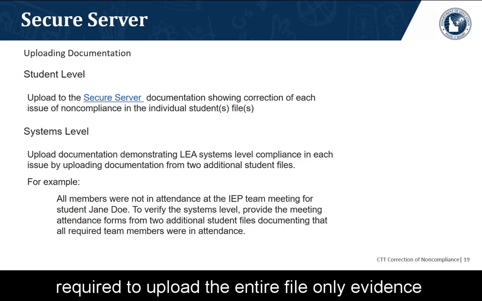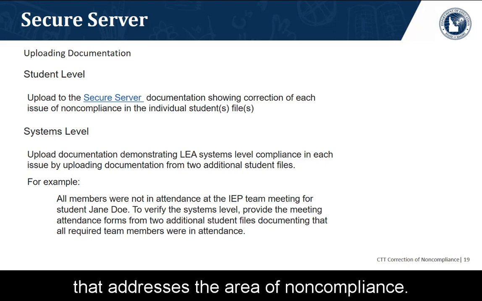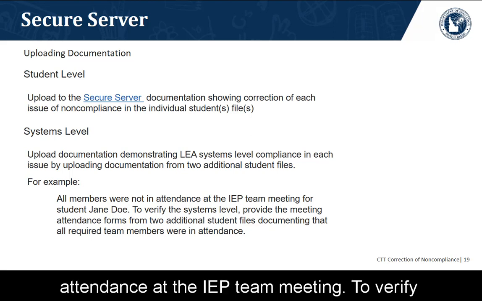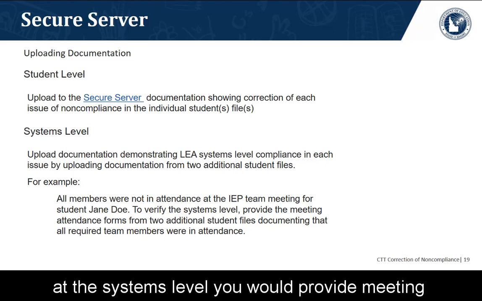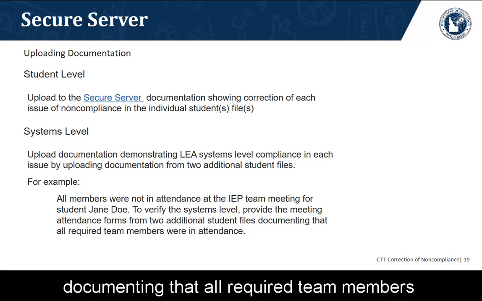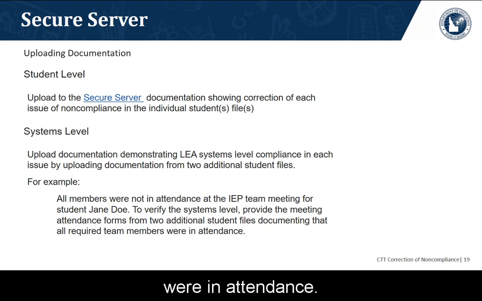You are not required to upload the entire file, only evidence that addresses the area of non-compliance. Our example is, all members were not in attendance at the IEP team meeting. To verify at the systems level, you would provide meeting attendance forms from 2 student files documenting that all required team members were in attendance.